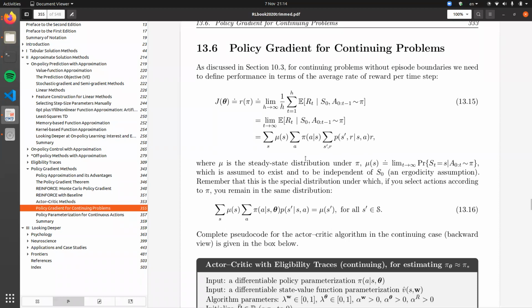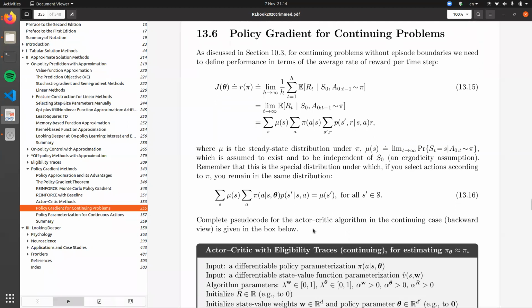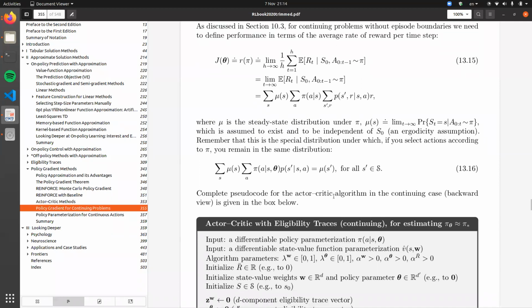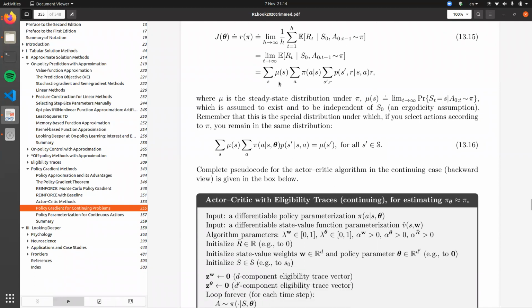That is the same quantity written in different manners. The mu is a steady state distribution: as we select actions according to the policy, we remain in the same distribution.